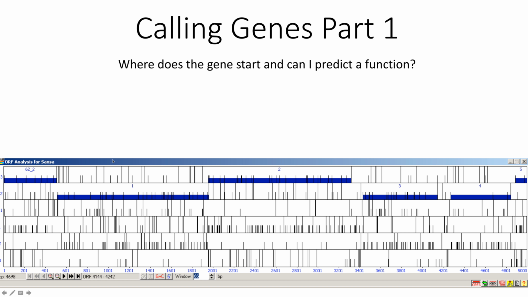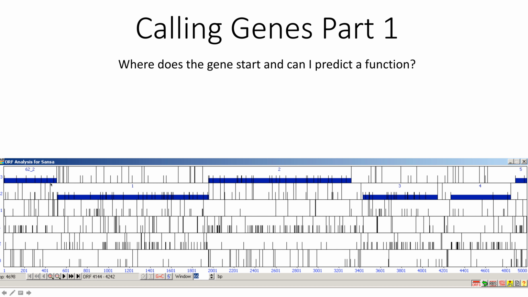This is output for DNA Master and is the frames function. And what we're seeing here are the three possible frames in the genome Sansa. These top three frames would be forward open reading frames, and these bottom three frames here would be reverse open reading frames.